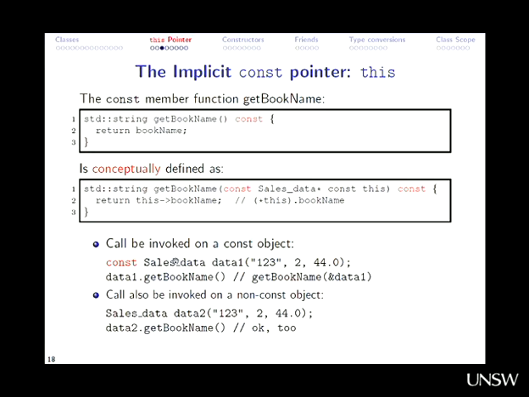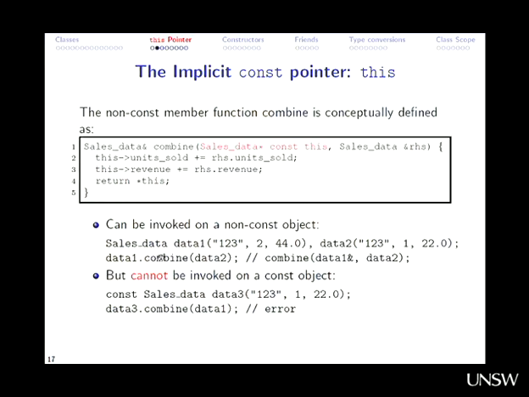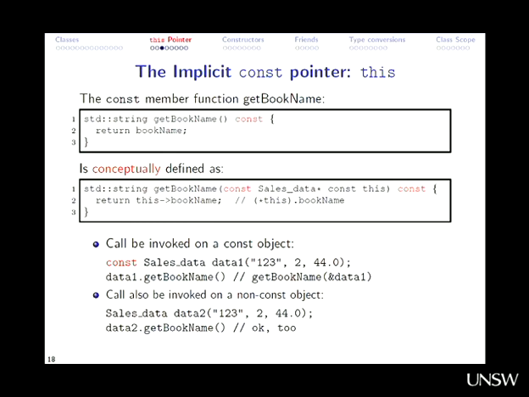Remember, before, on the previous slide, we couldn't call this combine function because the object was const. At this point, because this object's const and this method is const, we can call this get book name member function. We can also call it on non-const objects, so data 2 dot get book name works fine.